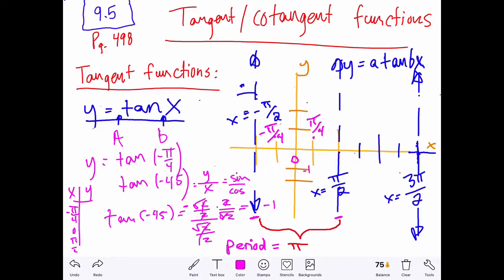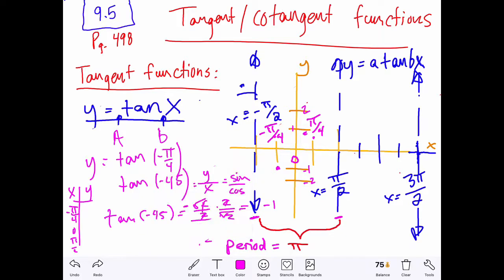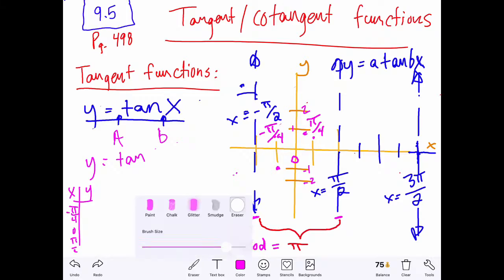And this would be negative 1, negative 2, positive 1, positive 2. Okay, so at negative pi fourths, we're at negative 1. And I just went ahead and plotted it.